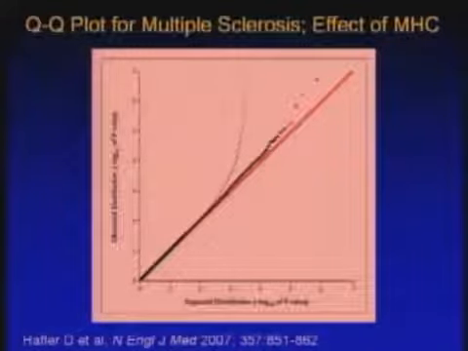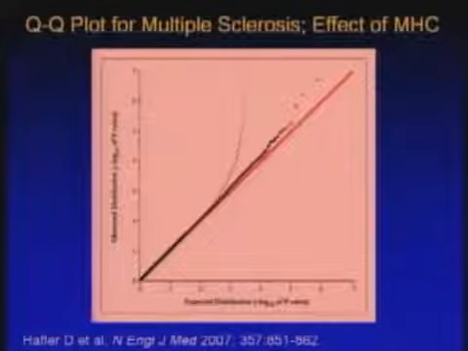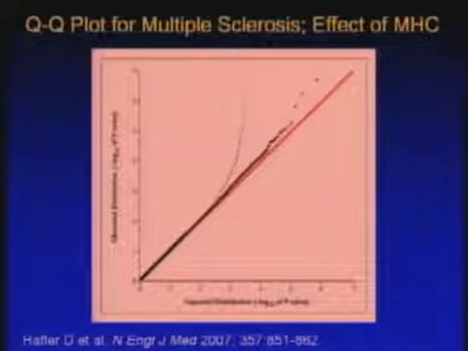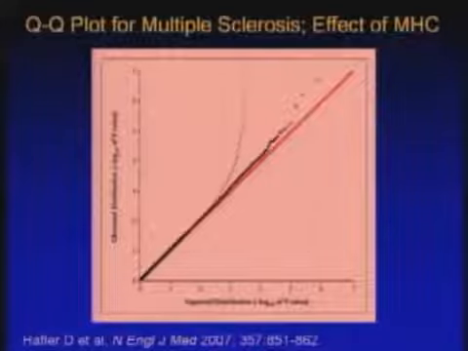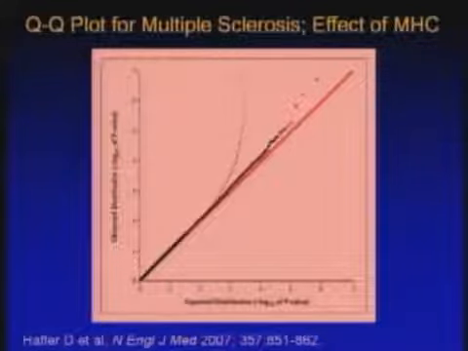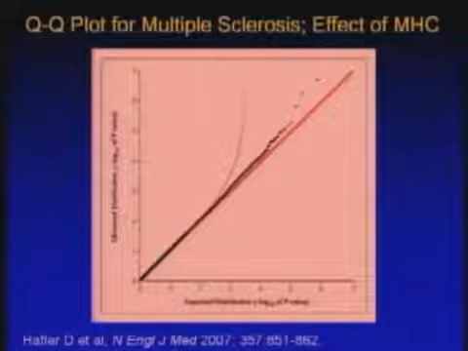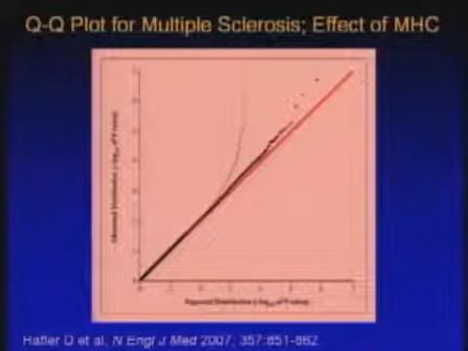Looking at multiple sclerosis, you can see the identity line here is this red line. This gray line is their initial associations, the expected distribution, and then what they observed, and you notice this dramatic takeoff. Multiple sclerosis has long been known to be associated with the MHC, the major histocompatibility complex alleles, which are very diverse and very heavily genotyped on these platforms.